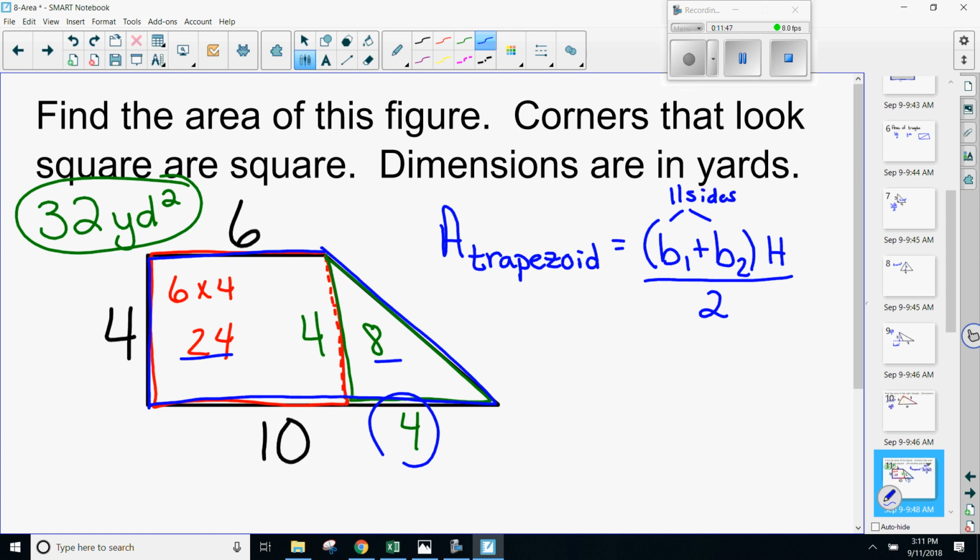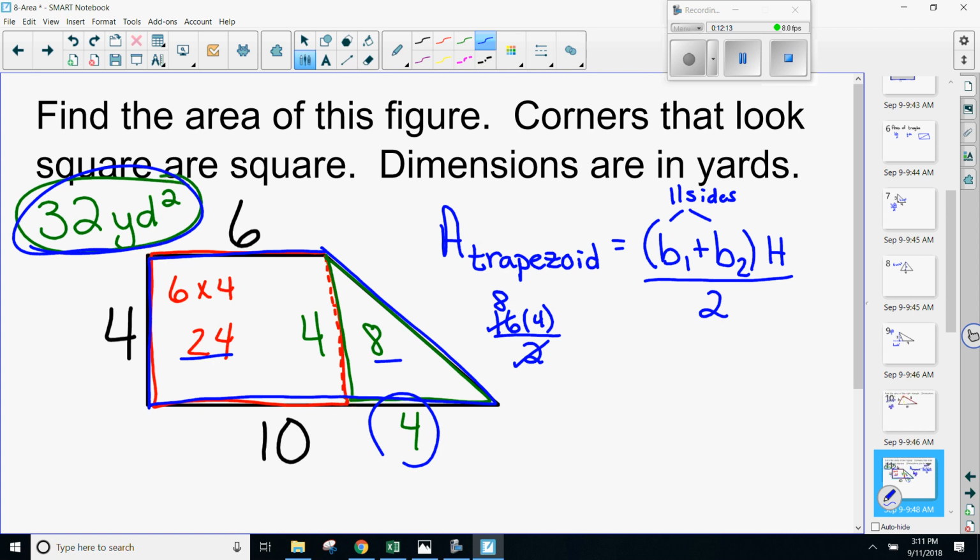So if I wanted to set this up quickly, the sum of the bases, you add the two bases together, you get 16. You take it times the height, which is 4, and you divide by 2. What's half of 16? 8. What's 8 times 4? 32. There's the area. Sum of the bases times the height divided by 2.